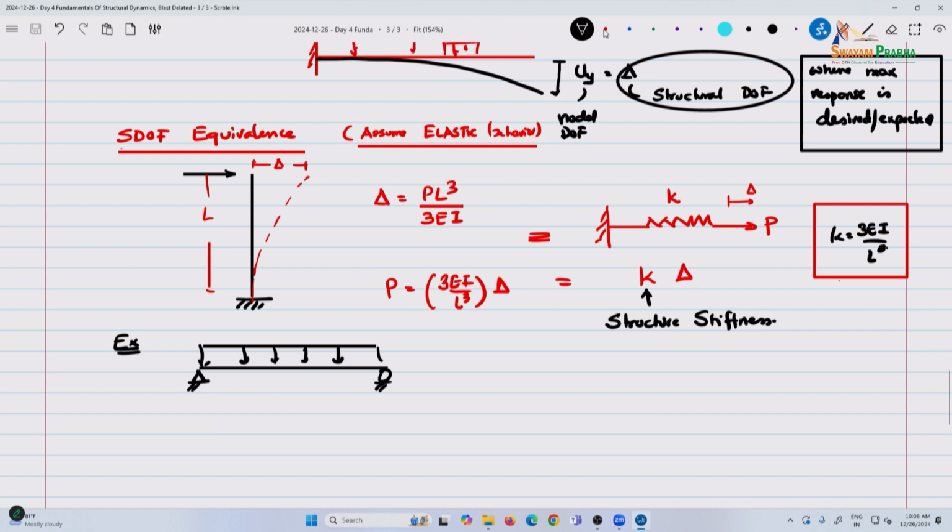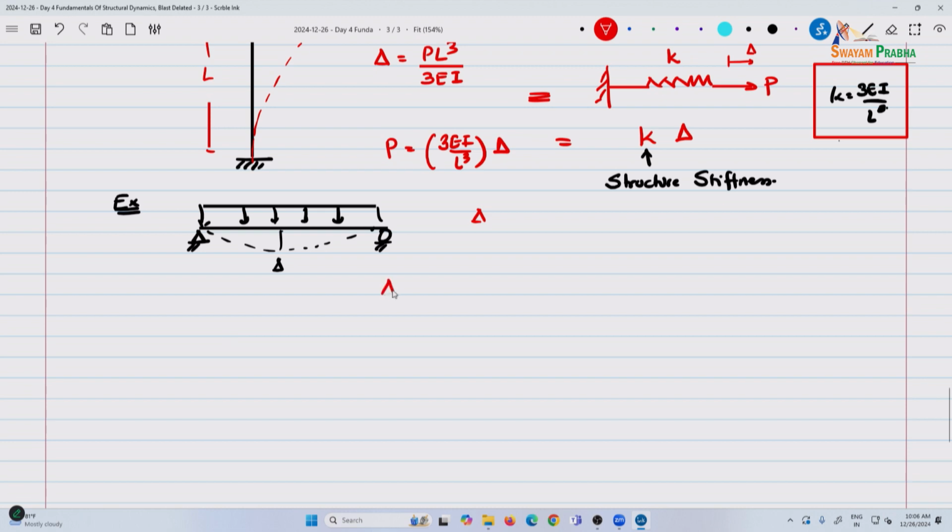So here you have the deflection, and this is delta. And delta in this case is, as we have seen yesterday, 5 WL to the power 4 by 384 EI.